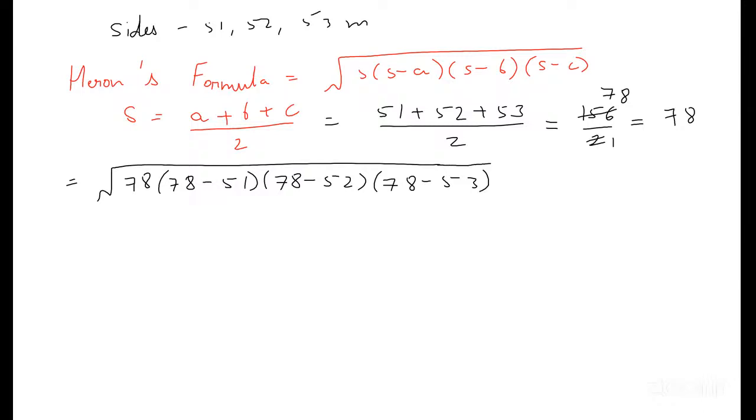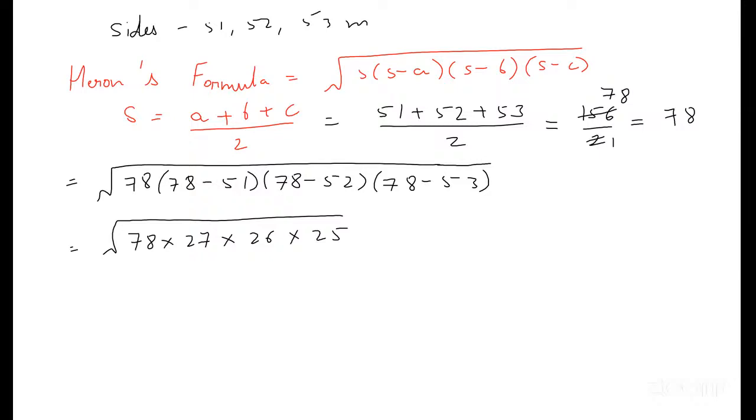Okay, so we will have 78, subtract all the brackets, into 27, 26, and 25. Okay, 27, 26, and 25.